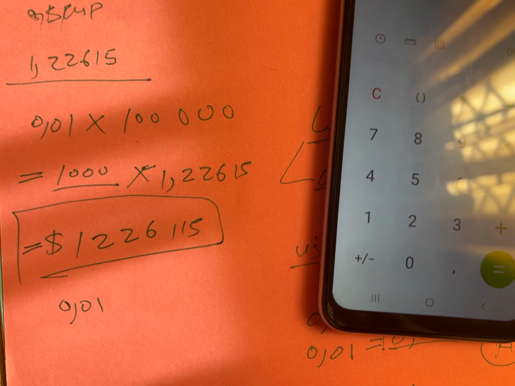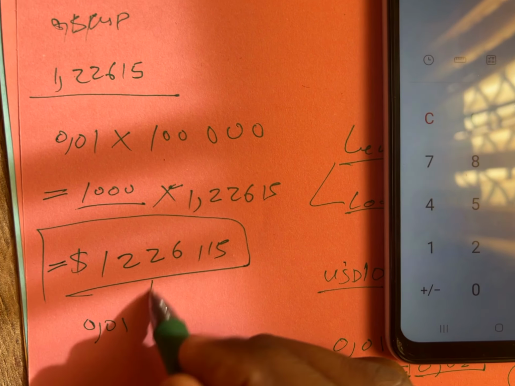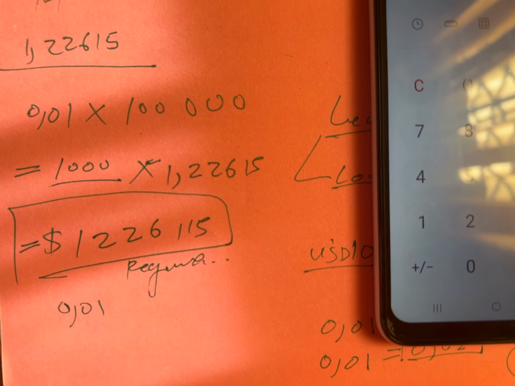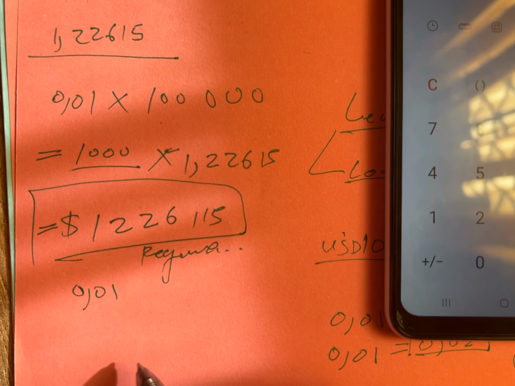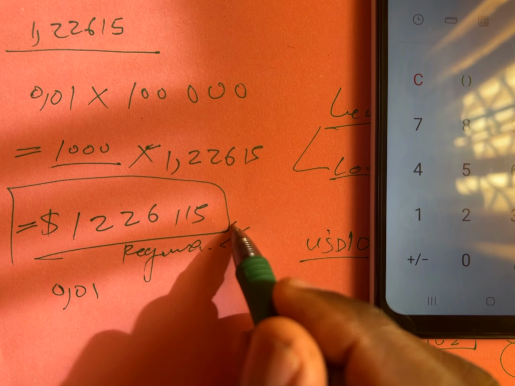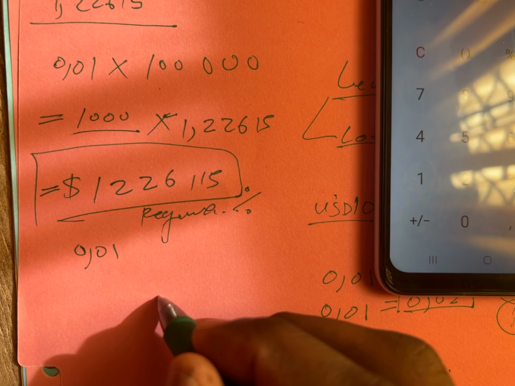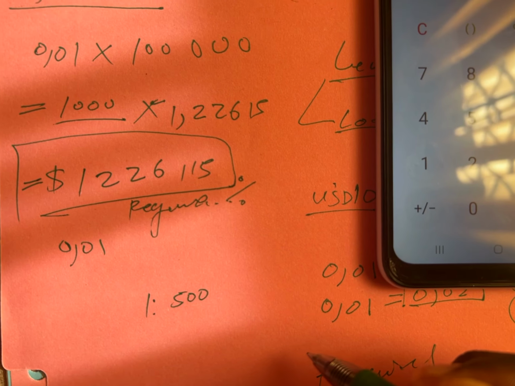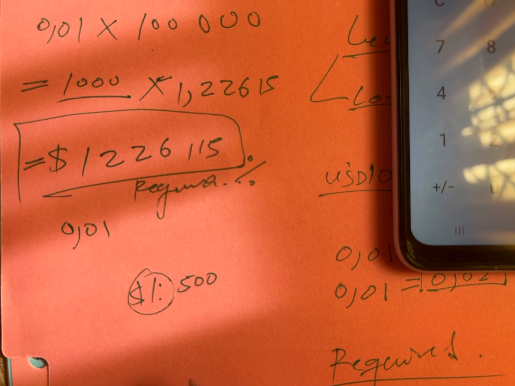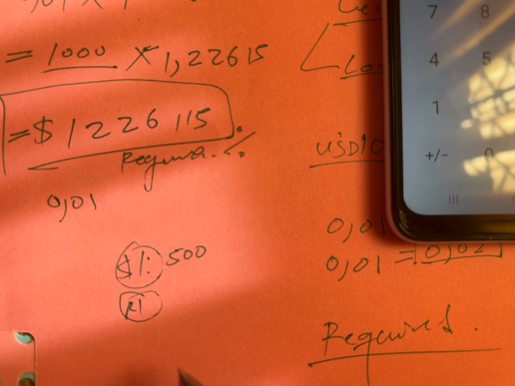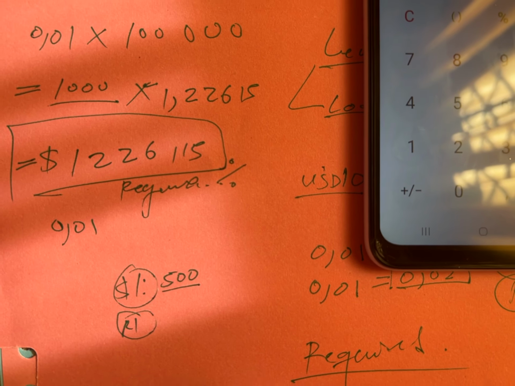And now the most important part, leverage, comes into play. This is the money required. We take this amount of money and divide by the leverage. Let's say the leverage right now, by estimation, is 1:500. The one simply means that for every $1 or R1 that you deposit, we're going to borrow you 500.